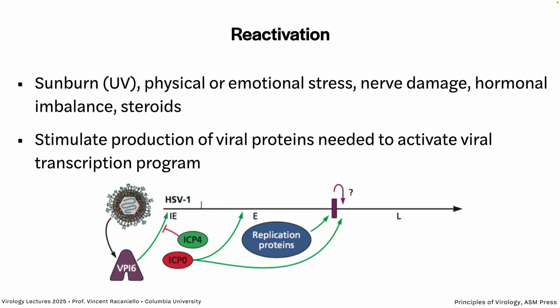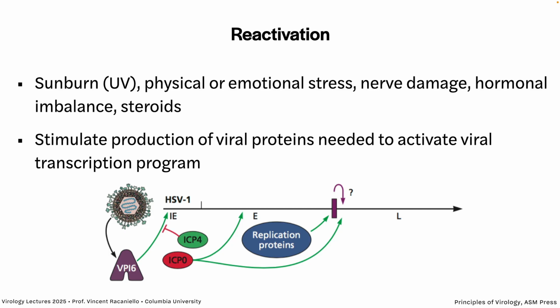Now, I want to remind you of the transcriptional program of herpes viruses, shown down here. You have an immediate early promoter that has to be transcribed before early proteins can be transcribed, which are needed to replicate DNA and make late proteins, right? This IE promoter does not work in a cell.